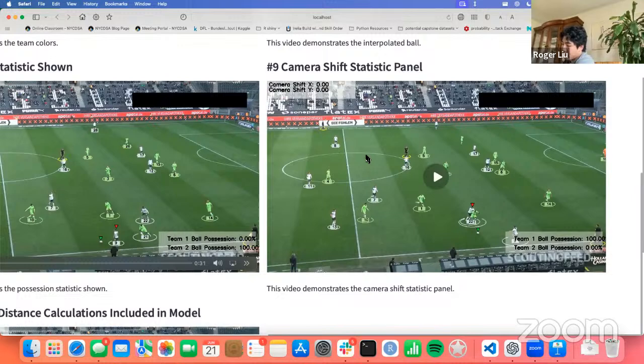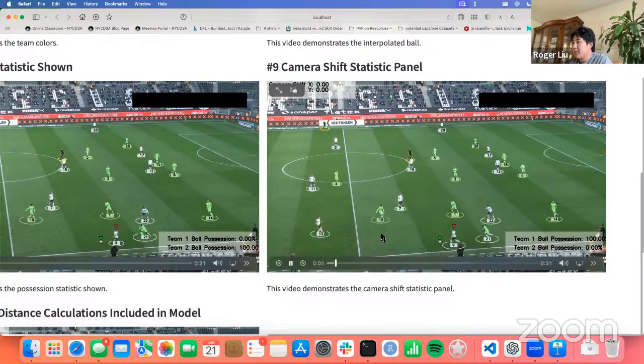So I ran a calculation for the camera shift, so that based on how the camera shifts, the positions move to counteract that. Theoretically, we should then be able to estimate the total distance moved, as well as the speed at which the players are moving.